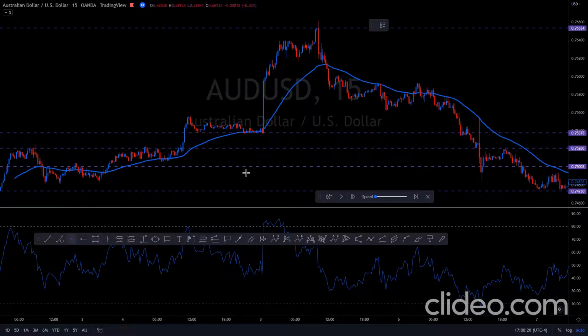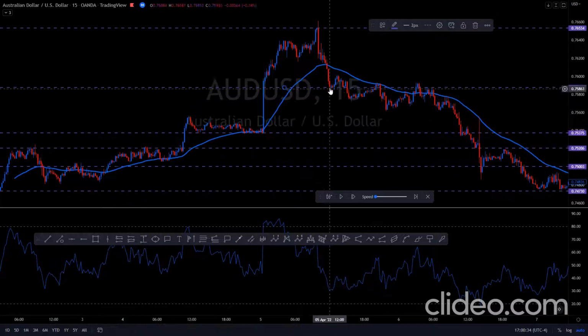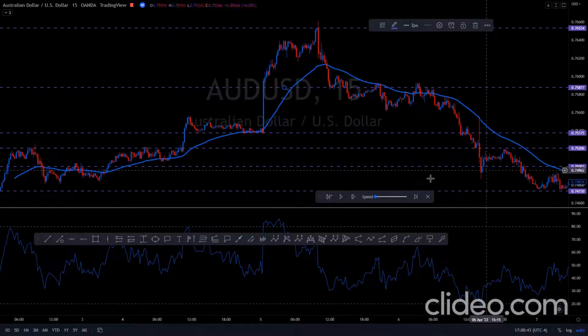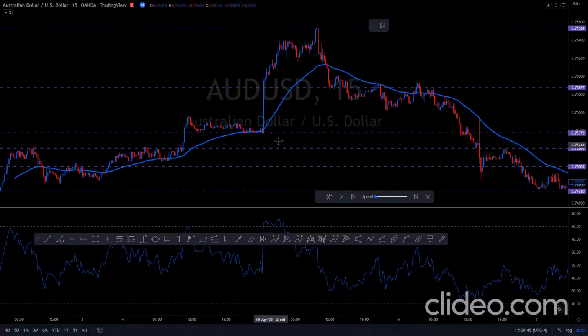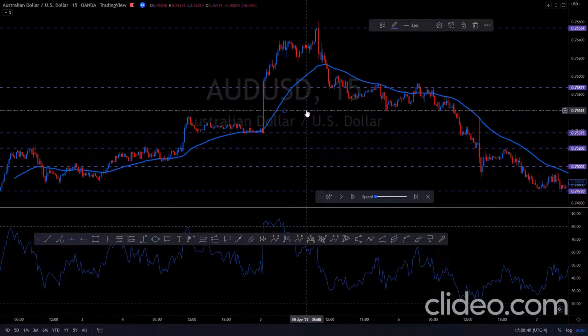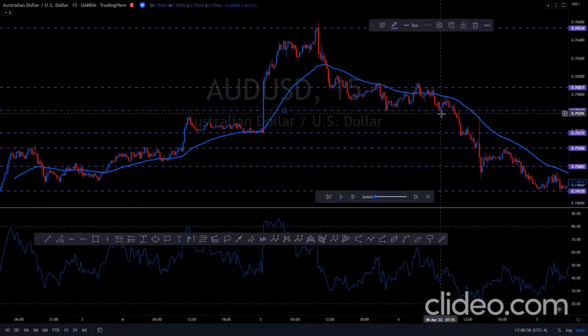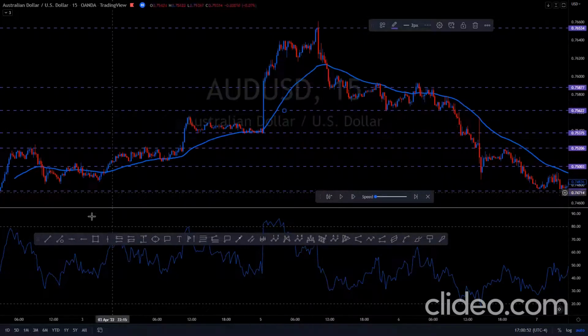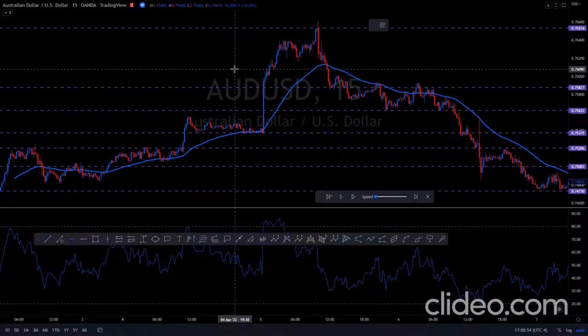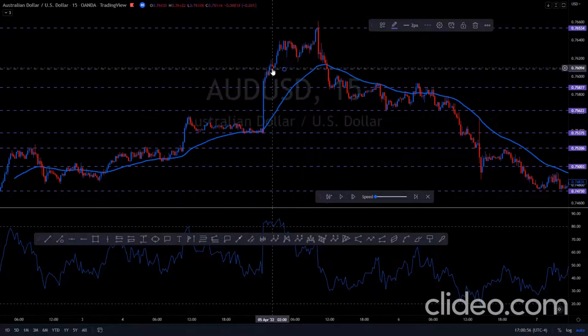And then we see that there was a base supply zone here, or really single candle supply, no, a base supply zone here, dropped all the way down in there. And we had a zone here as well. And then price, a little bit of a base supply zone here. That's what pushed price up.